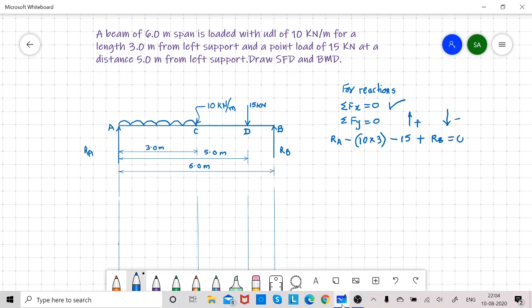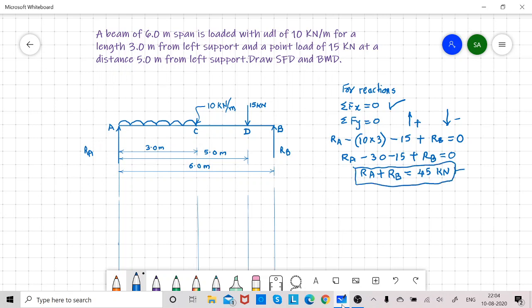is equal to 0. So RA minus 30 minus 15 plus RB is equal to 0. So RA plus RB is equal to 45 kilonewton. This is our equation, say 1.